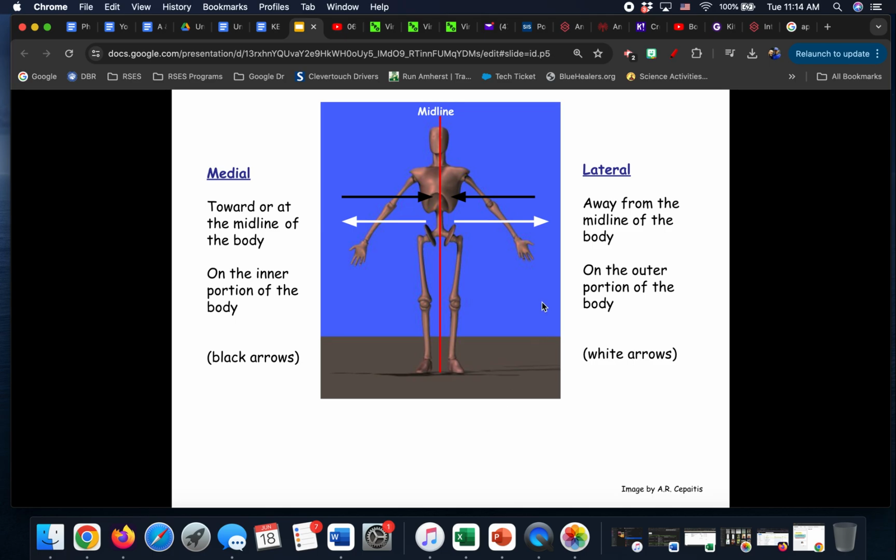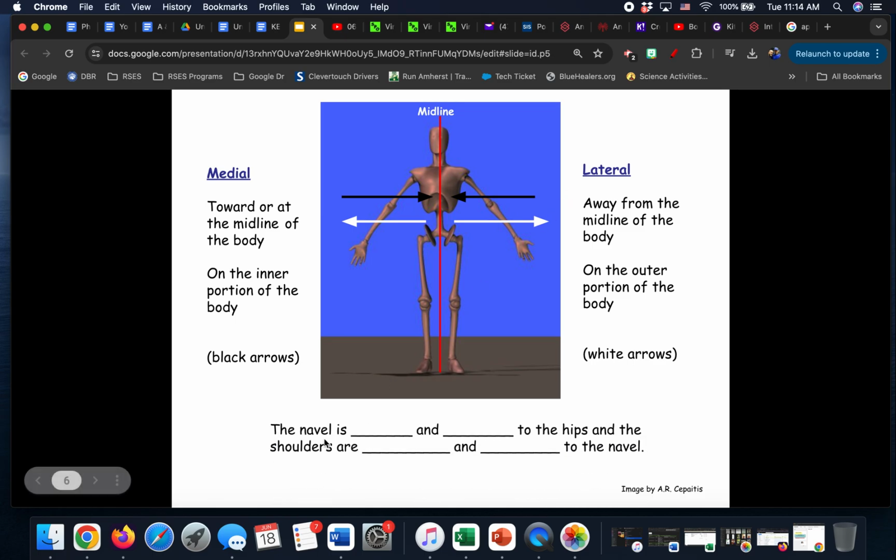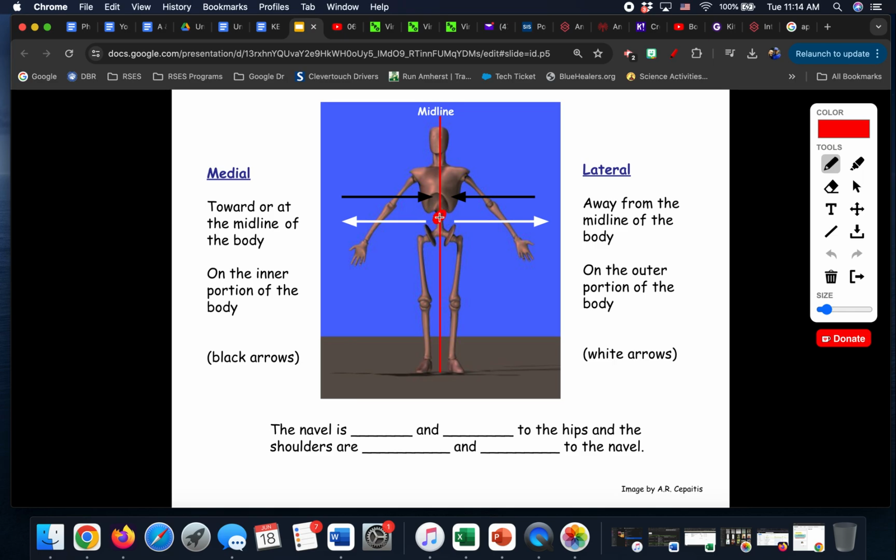Medial and lateral. Remember, medial we said means toward the middle. Lateral is further from the middle. So the navel, the belly button, is blank and blank to the hips. So now we're trying to combine both terms. So my belly button would be somewhere around here, my hips here.